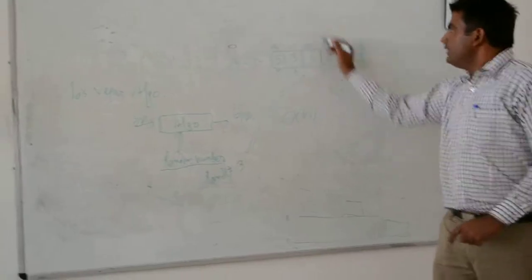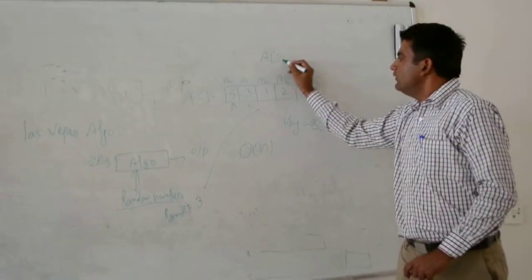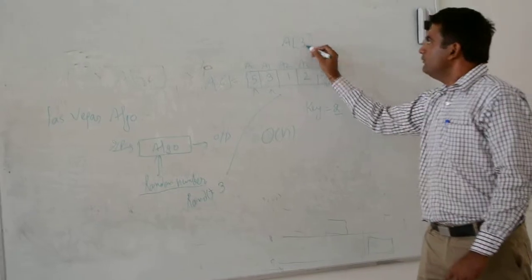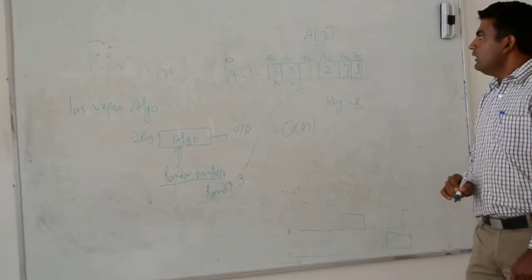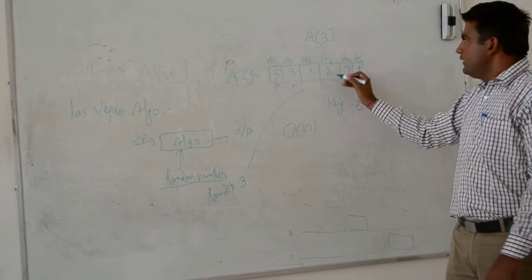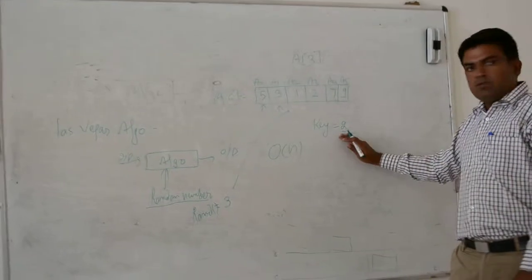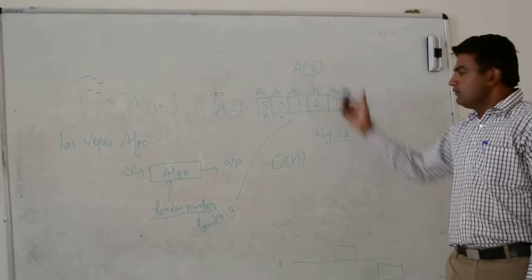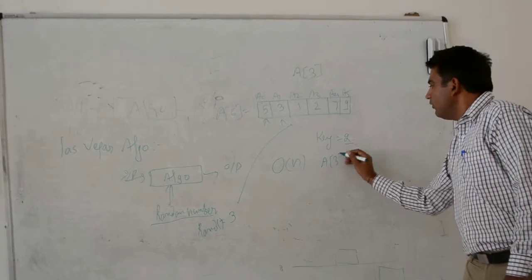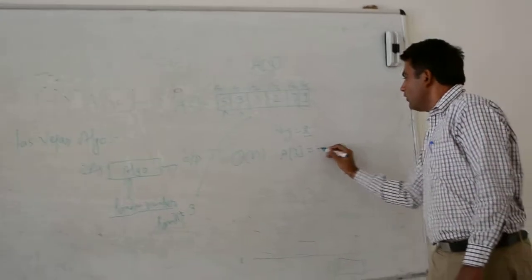As soon as we have array location A3, we move directly to A3 and simply compare the key number 2 with the A3 location, to see whether it gives a solution or not.